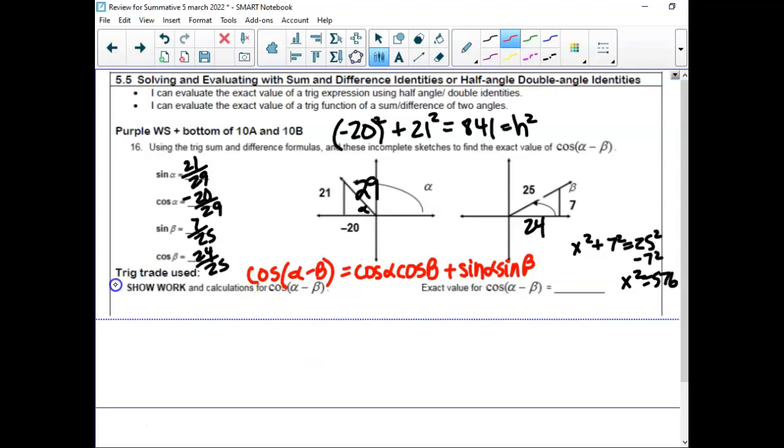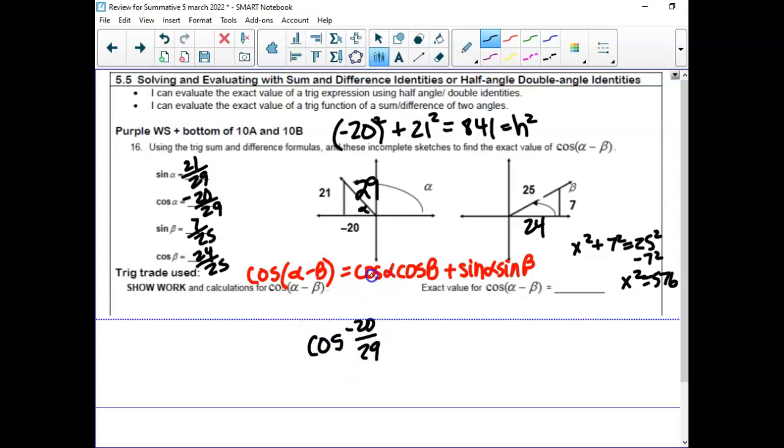It says, okay, there is a blank drawn on the quiz. There's not on your review, but it says trig identity used, and that's where you write that in, okay? Then it says show your working calculations. I forgot to say this yesterday in this class, but a whole bunch of people will write down this. Don't write this. Do you see what I'm saying?